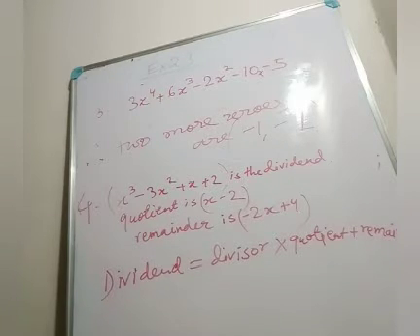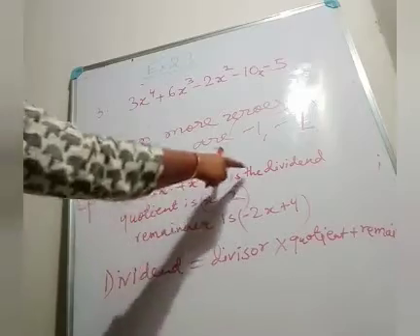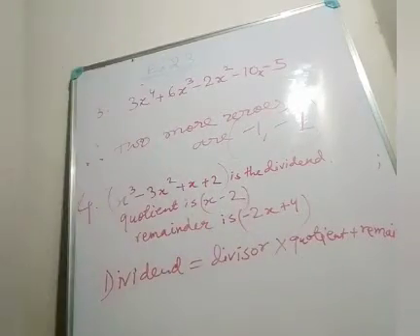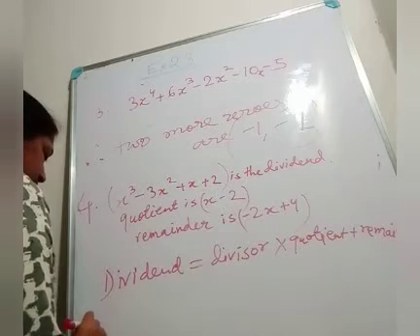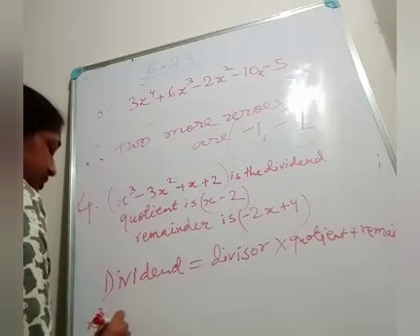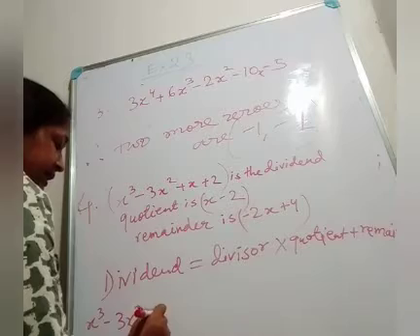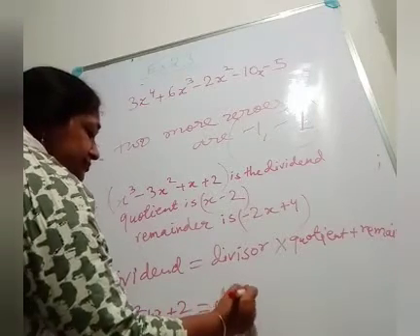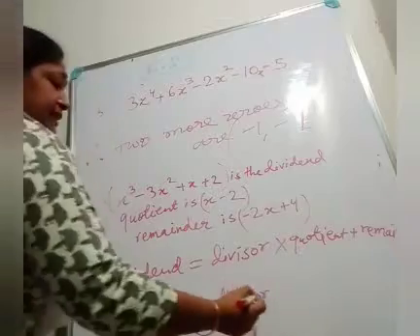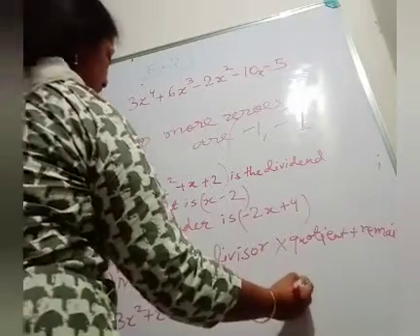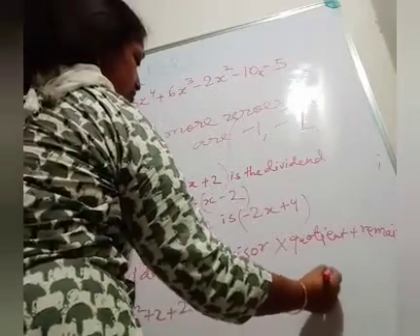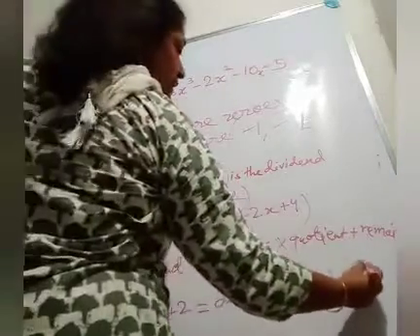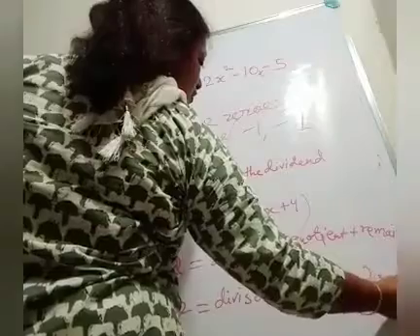Now putting the values of dividend, quotient and remainder in this equation, we get x cube minus 3x square plus x plus 2 is equal to divisor, not given, you have to find, and quotient is x minus 2, and what is the remainder students? Remainder is minus 2x plus 4.